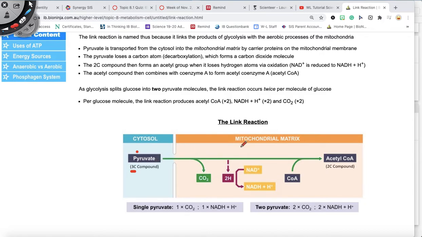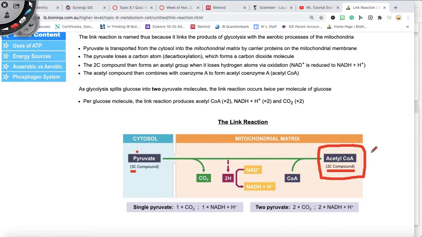So pyruvate, by the time it's done getting metabolized, it's going to be converted into a 2-carbon compound, which is the acetyl compound. So the pyruvate loses a carbon atom, and that's what we refer to as decarboxylation. And the 2-carbon compound here of acetyl is going to attach to an enzyme called coenzyme A. And hence you get the product of the link reaction, which is acetyl coenzyme A.